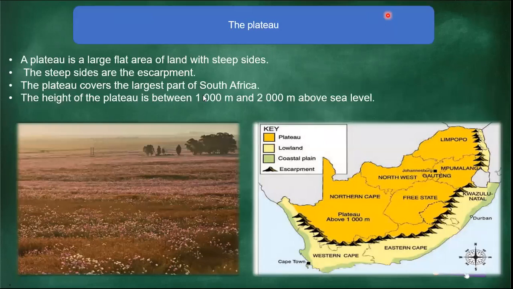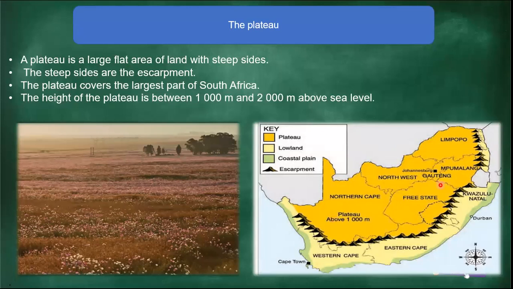Lisette says yes, Faith says no. Okay, I'm going to repeat it because the majority of you say you didn't understand. I'm saying that the plateau is the largest part of South Africa. So this area here, Limpopo, Gauteng, Free State, Northwest, is part of the plateau.